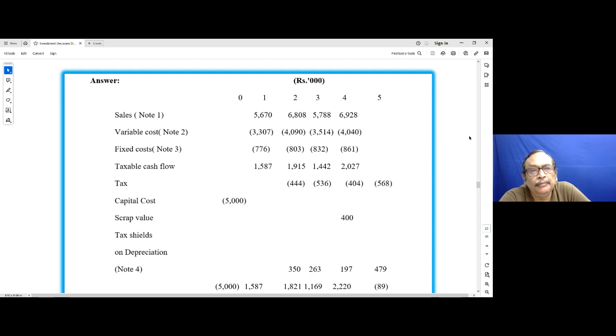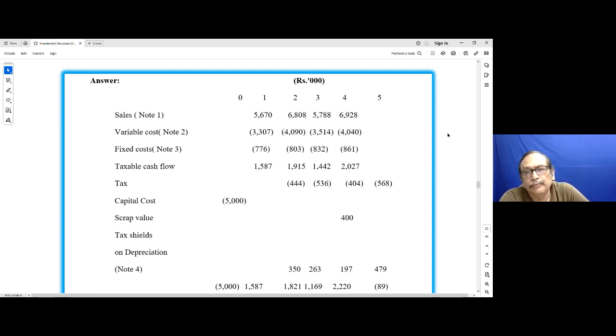So once we are having sales, then we deduct variable cost, then we deduct fixed cost. We will be having taxable cash flow at the end of year 1, 1587, at the end of year 2, 1915, at the end of year 3, 1442, at the end of year 4, it is 2027.